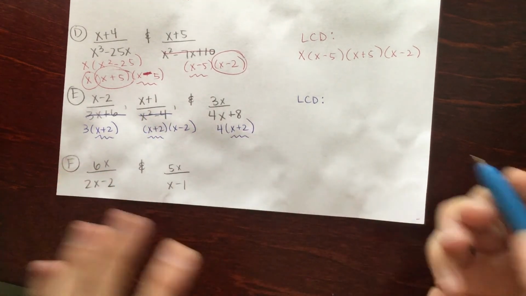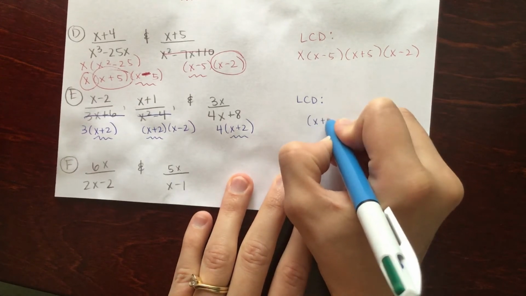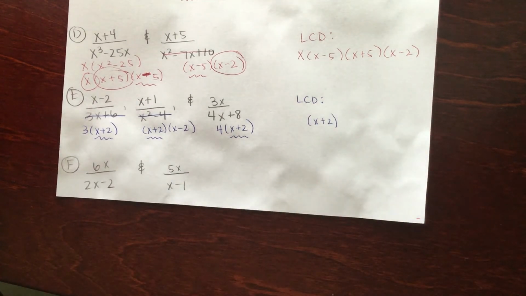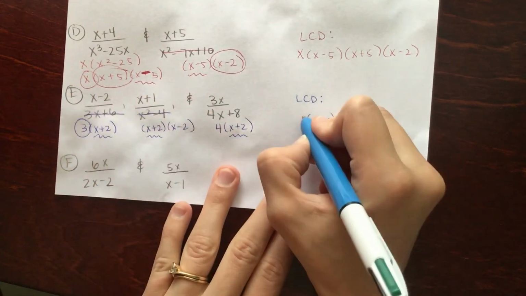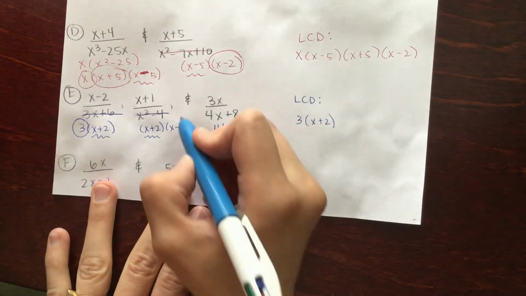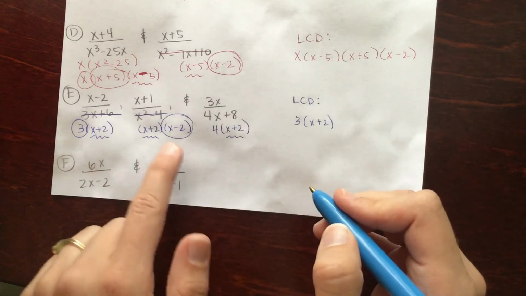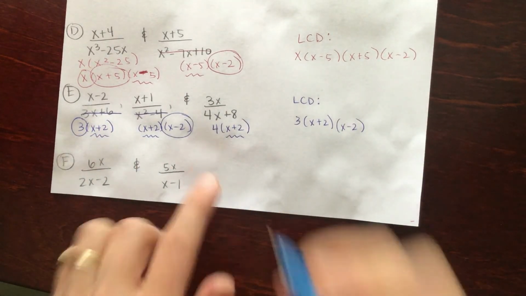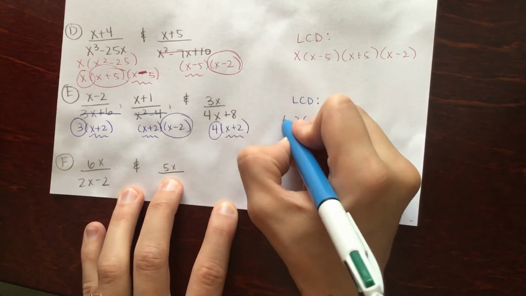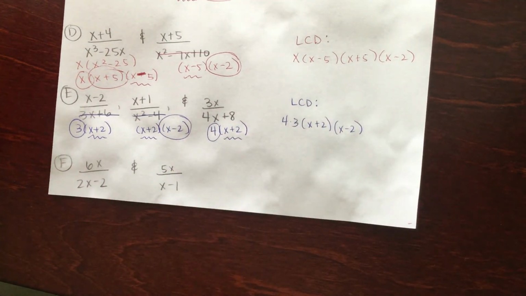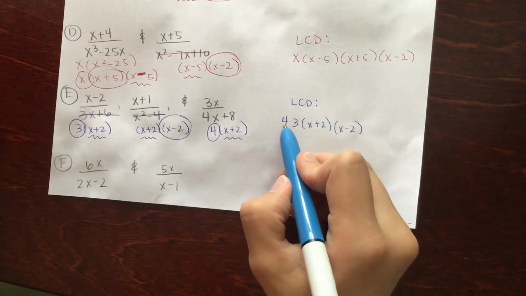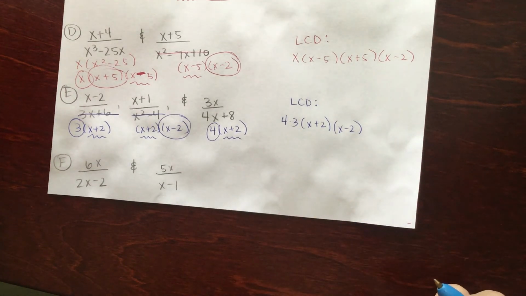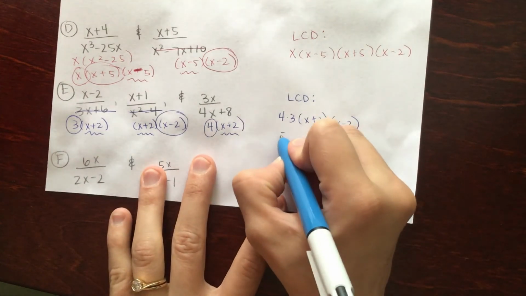If they don't all 3 have something in common, that's okay. Anything that's unique to the first one, anything that's unique to the second one and is not repeated from the first, and anything that's unique to the last one. Usually we aren't multiplying out the LCD, but because this is a 4 and a 3, their coefficients, we would multiply them together.